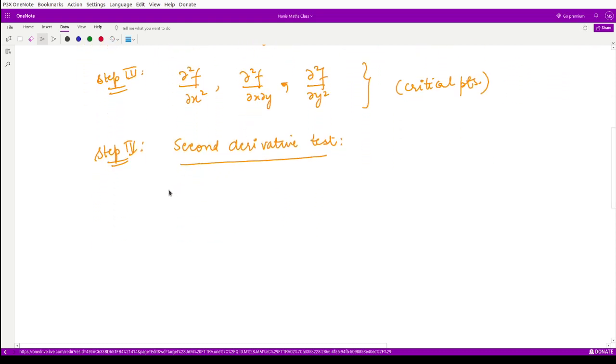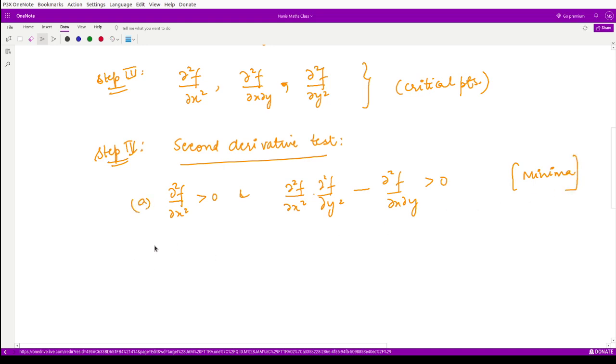In this case, if the quantity del 2f by del x2 is positive, and moreover the quantity del 2f upon del x2 into del 2f upon del y2 minus del 2f upon del x del y squared is positive, we have a minima at that particular point. In the second case, if you have del 2f upon del x2 greater than 0 and this quantity less than 0, in that case we have maxima.